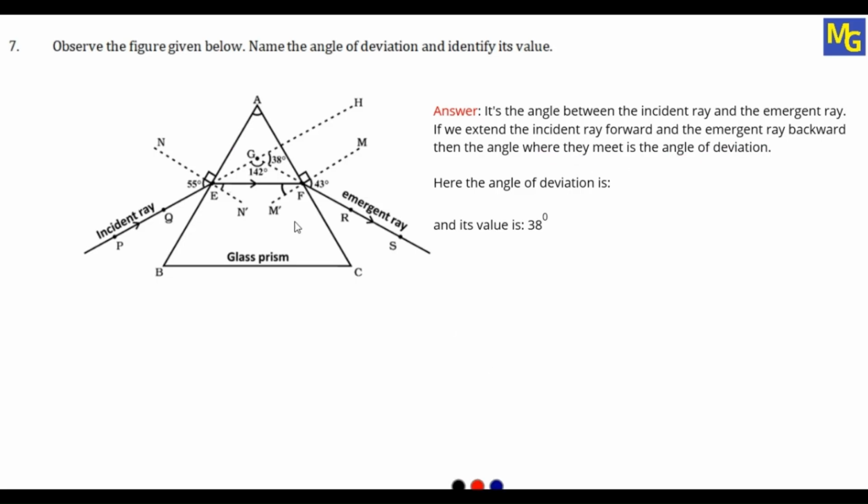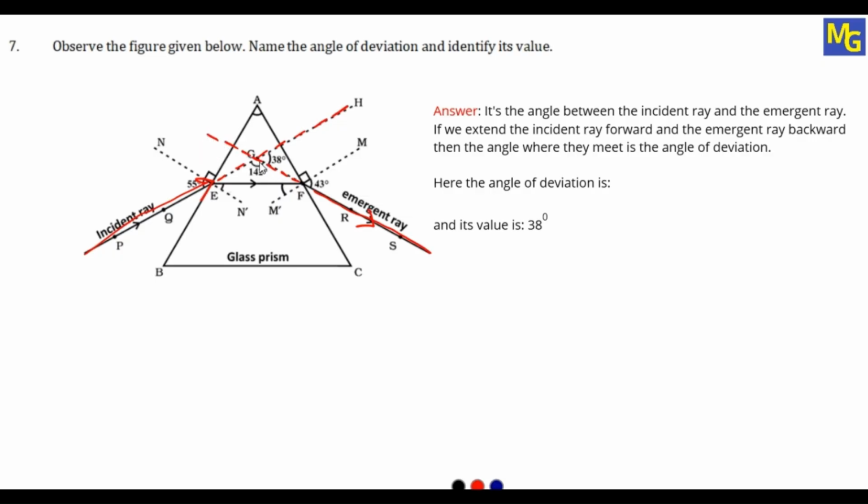So just see here, this is our incident ray. Then here it hits the prism, and then after this we have to extend it further. So this is called extension of incident ray. And here this is our emergent ray, and this we have to extend backward. So backward means this side. So this dotted line is extension of emergent ray.